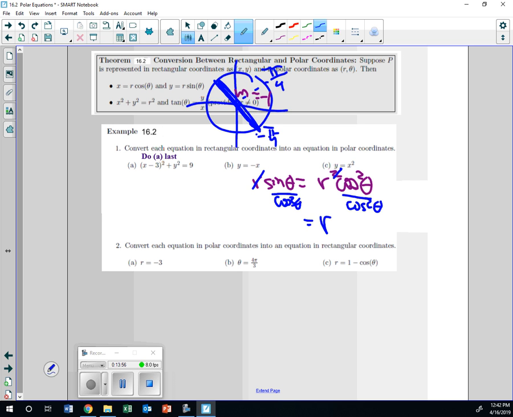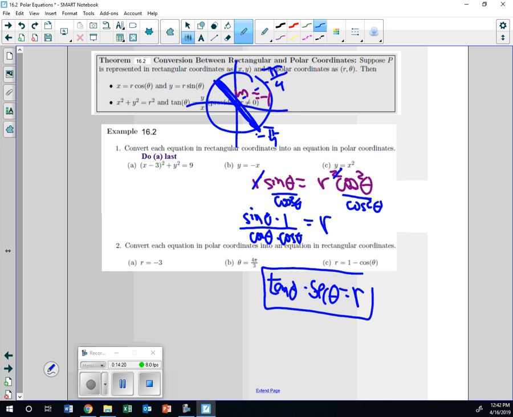So you might say r is sine theta over cosine times cosine. That's what some people would do. But you're kind of fancy. What's sine over cosine? Tangent. And what's 1 over cosine? Been a while. Secant. Yep. That's the formula that's probably the most accepted.